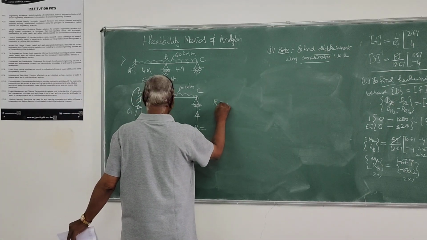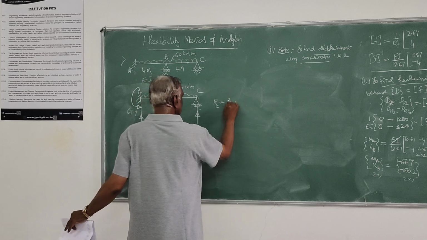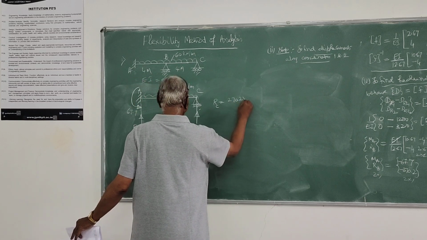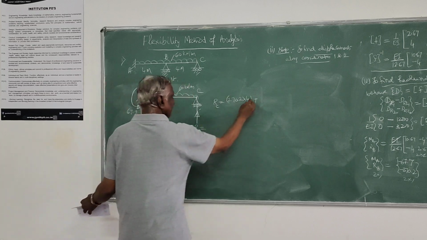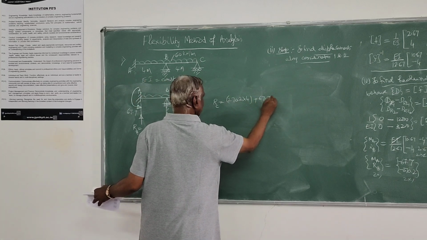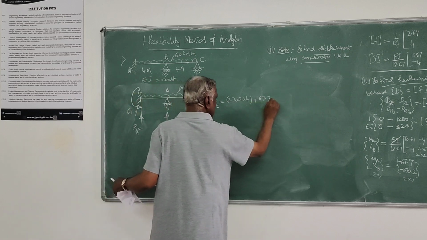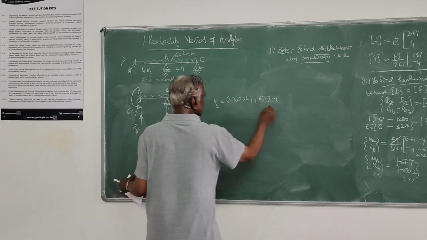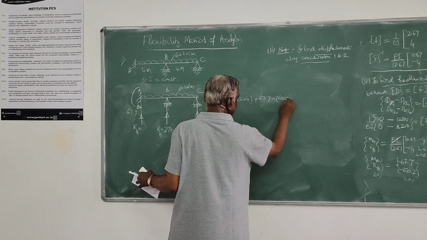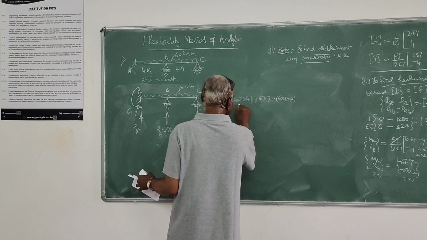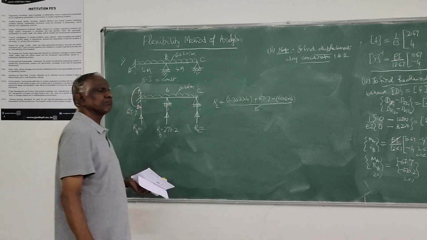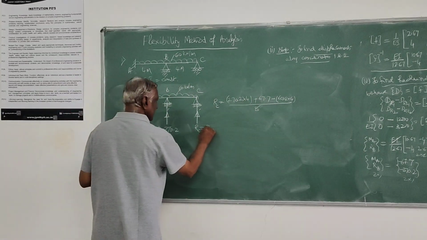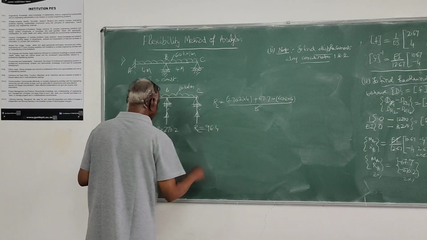This RC is nothing but 270.2 into 4 plus 67.7 minus the UDL 60 into 8 into 4, this entire thing divided by the total length 8. That is 96.43.